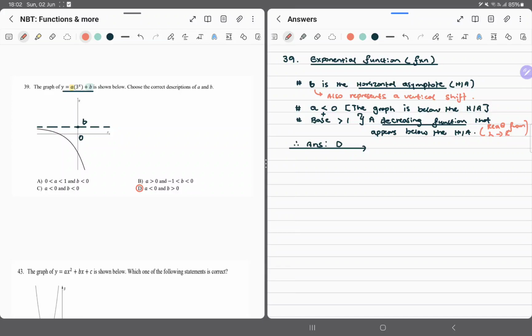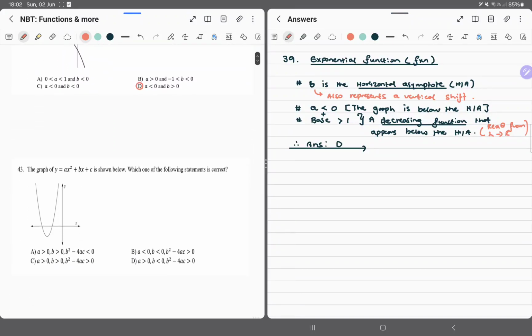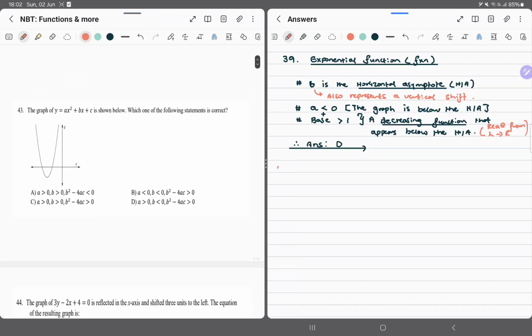Okay, now let's go on to 43. 43, we are given the graph of y equals ax squared plus bx plus c shown below. Okay, this is the standard quadratic function, but perhaps let's write what we are given.